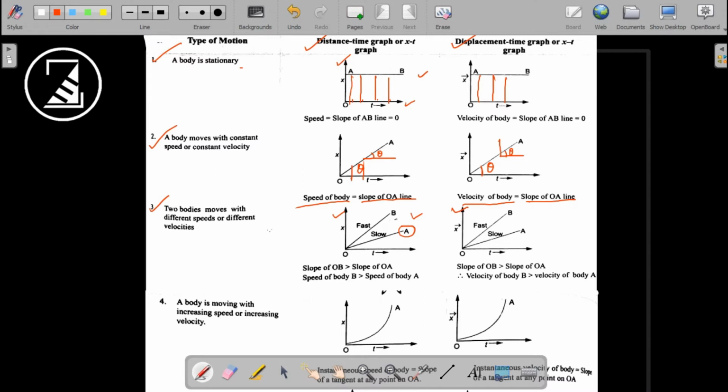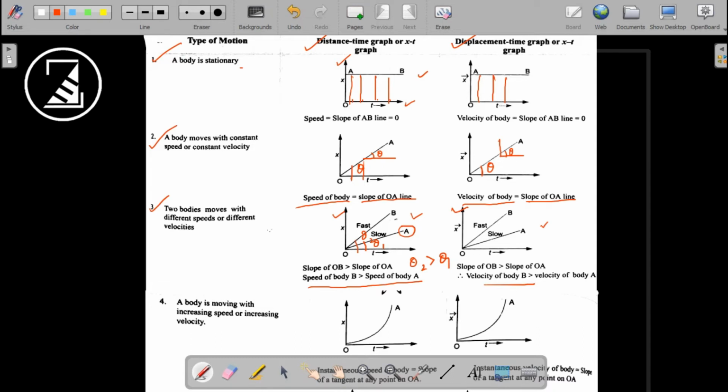From this graph, if the slope is theta 1 for body A and theta 2 for body B, we can see that theta 2 is greater than theta 1. That means the slope of OB is greater than the slope of OA, and we know the slope of the line represents the speed of the body, and in the displacement time graph it is the velocity of the body. So the speed of body B is greater than the speed of body A. Here the velocity of body B is greater than the velocity of body A.